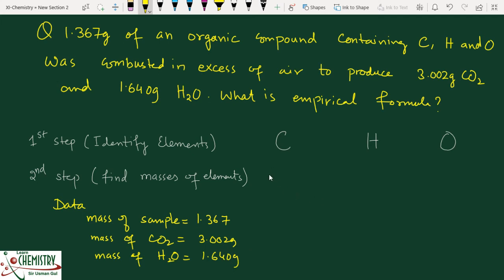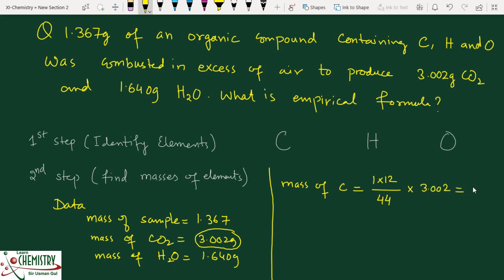1.640 gram. Okay, now to find out the element mass, first we write the ratio, let's suppose I'm talking about the mass of carbon. So in carbon dioxide there is one carbon out of CO2, so 1 multiplied by 12 divided by 44, 44 is the molar mass of carbon dioxide, multiply by the sample, basically carbon dioxide mass, that is 3.002 grams.